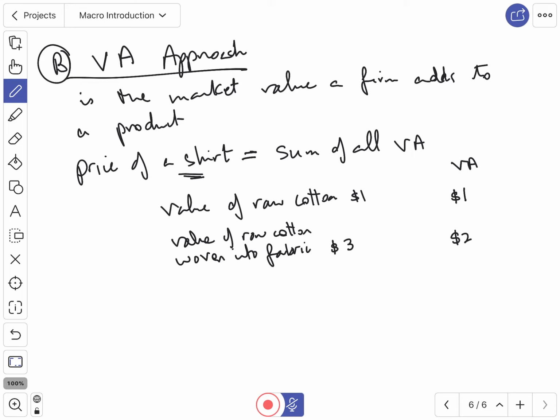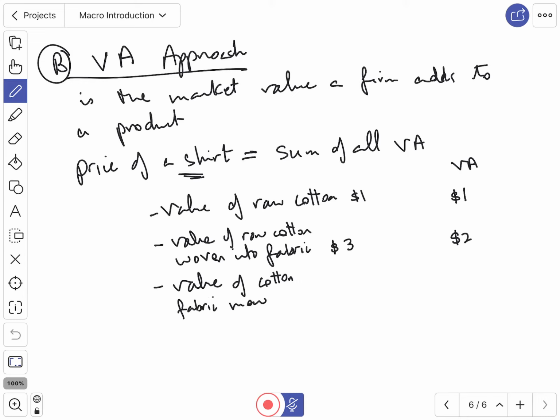Next, what is the value of cotton fabric made into shirt? So you go like this is stage 1, this is stage 2, this is stage 3. So the value of the cotton fabric, so you're going to the third stage, so cotton fabric, right?